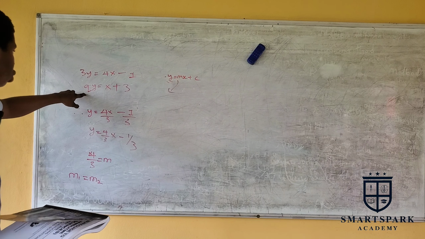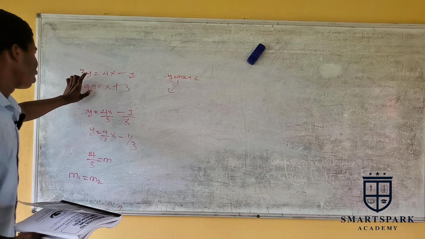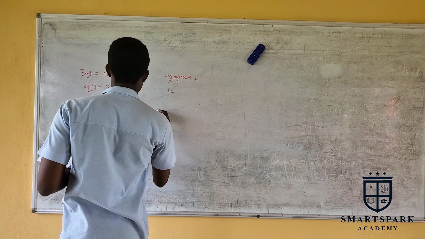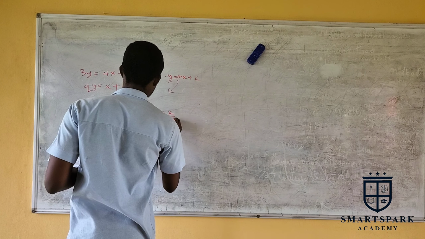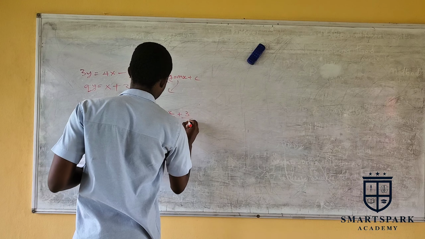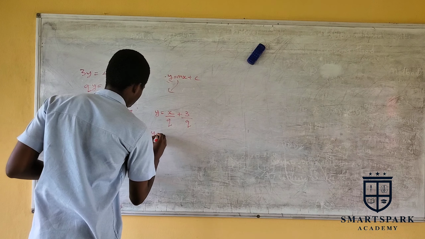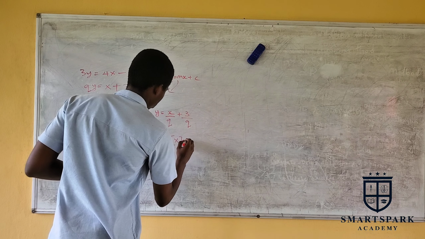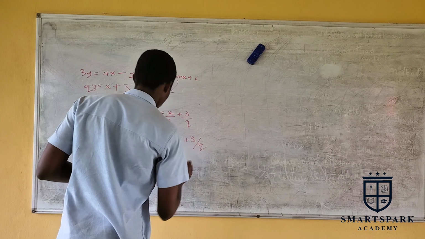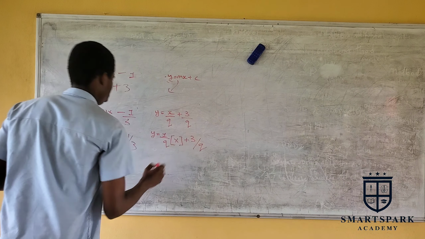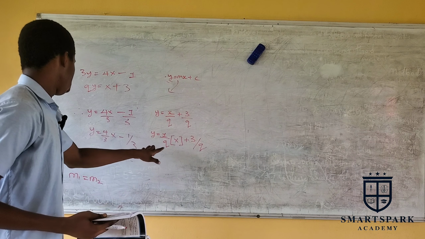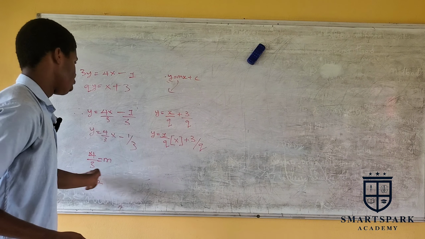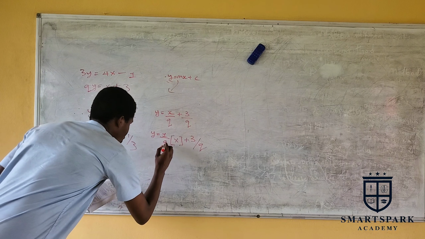Now, looking at this equation, we want y to be on its own, so we are going to divide through by q. So this is y is equal to x over q plus 3 over q. Because our focus is on q, if we equate it, we know this is our gradient.